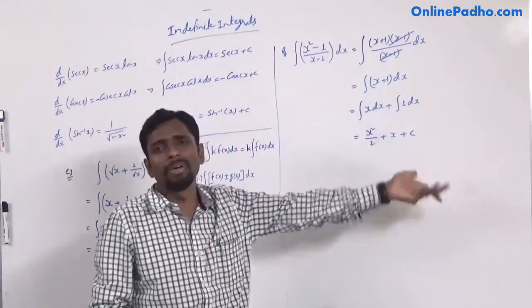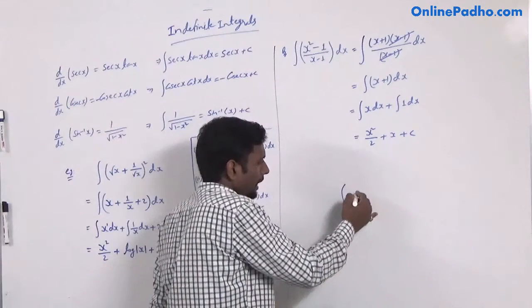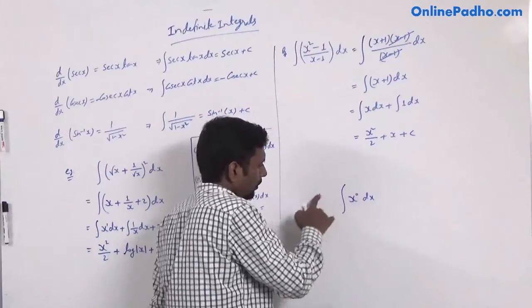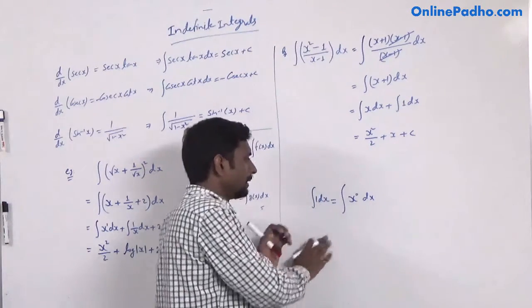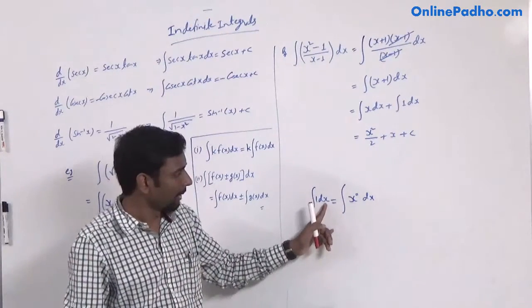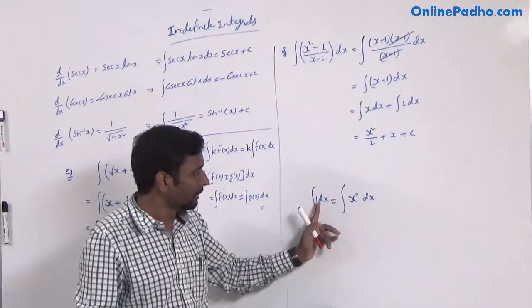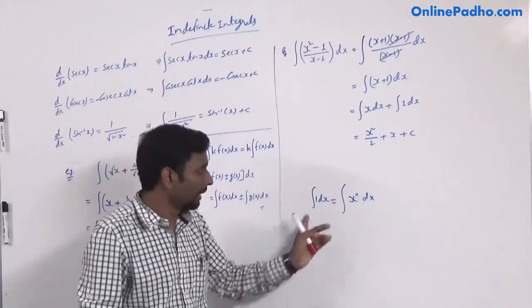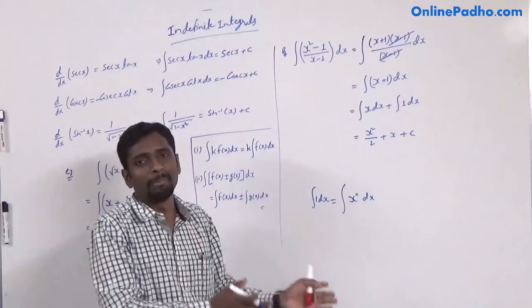How is integration of 1 equal to x? Integration of 1 dx can be written as x to the power 0 dx. Why? Because we have to integrate this function with respect to x, so x is a variable here. So how can we represent 1 as a variable? 1 can be written as x to the power 0, since any number to the power 0 becomes 1.